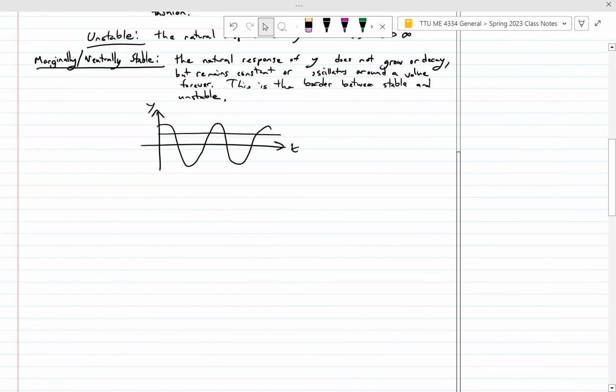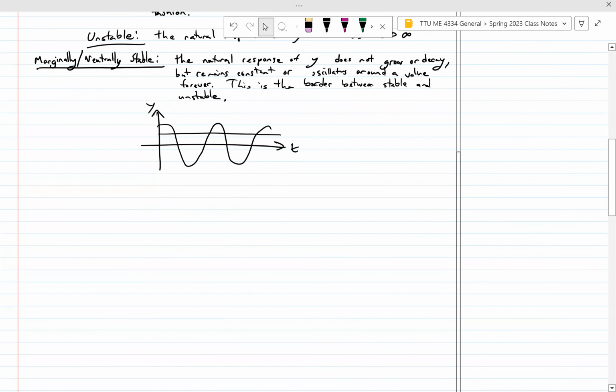Negative poles are stable. It's got to be, as somebody said up there already, negative real parts, right? So if the real parts of all poles are less than 0, then the system is, for the context of this class, exponentially stable.